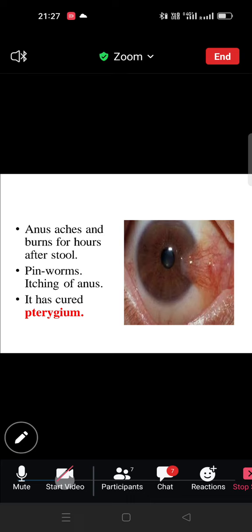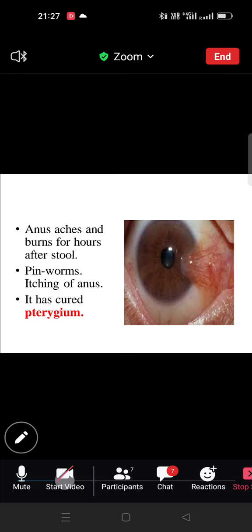Cina and Sabadilla, Terebinthina is there, Spigelia is also there, and Sulphur is also there. These are the medicines where we will find a worm, a tapeworm, a threadworm, or lumbricoides.